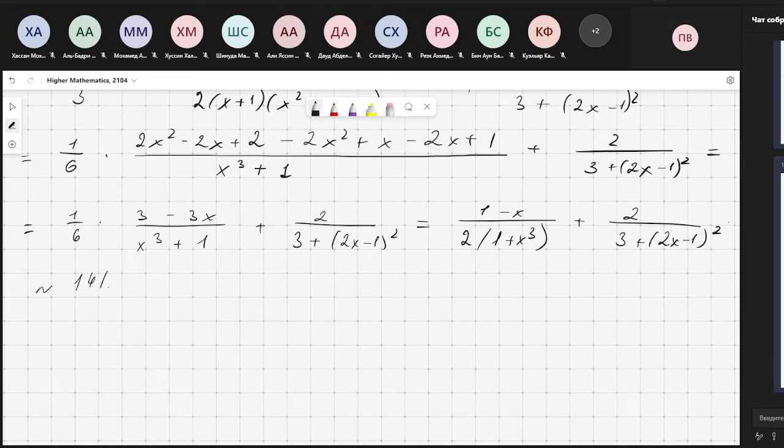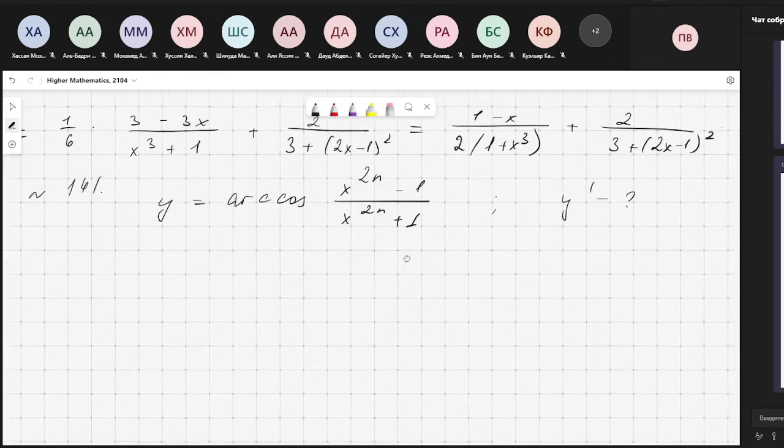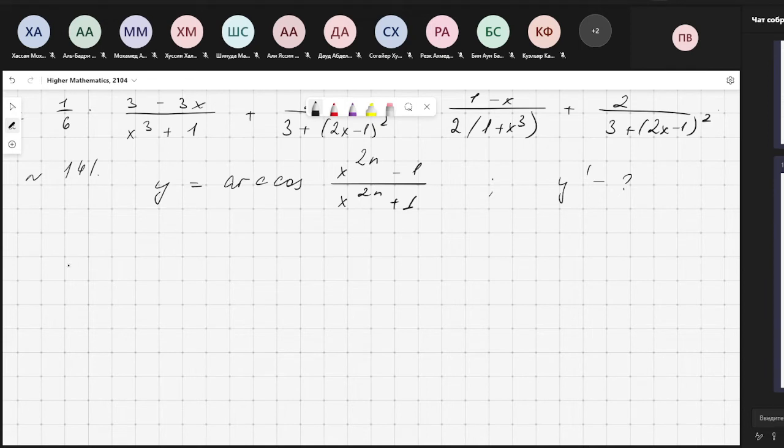We can see y is arc cosine of x to the power of 2n minus 1 over x to the power of 2n plus 1. Find the derivative. Derivative of arc cosine is minus 1 over square root of 1 minus argument squared.